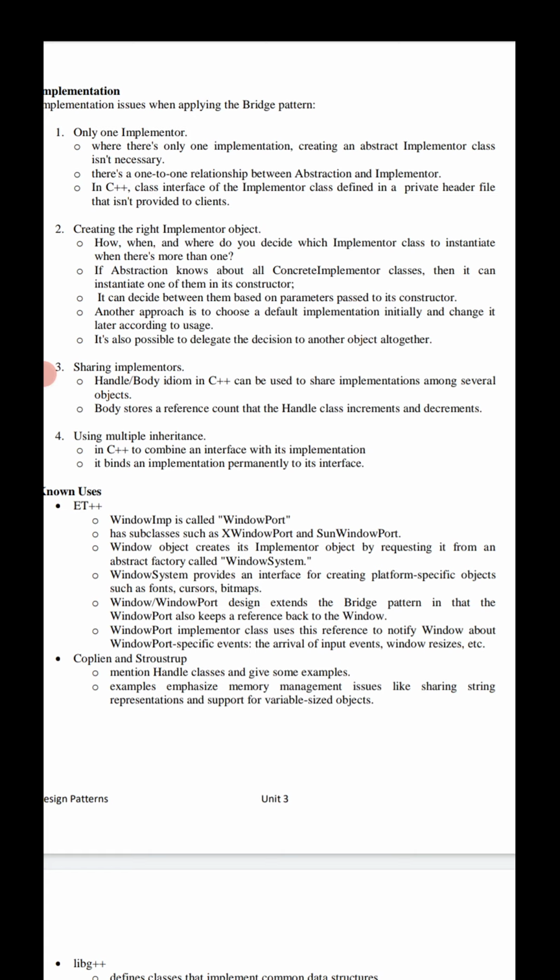But because this approach relies on static inheritance, and coming to the second key point, it binds an implementation permanently to its interface. Therefore, you can't implement a true bridge with multiple inheritance, at least not in C++.